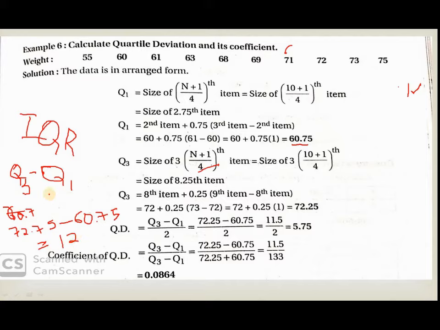Okay, IQR is equal to Q3 minus Q1. Q3 is 72.25 minus Q1 60.75. We get the answer as 11.5.